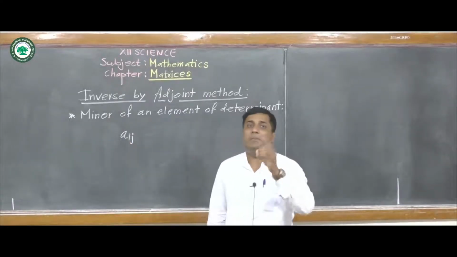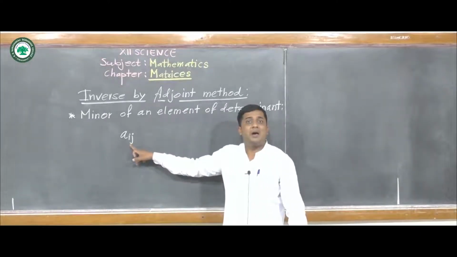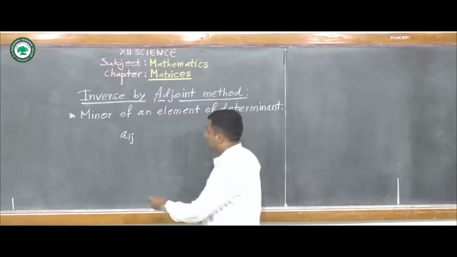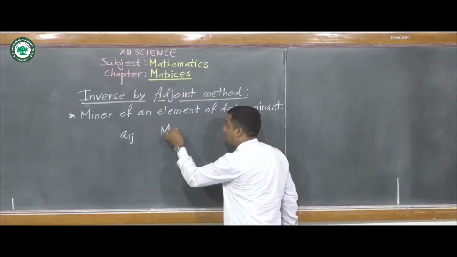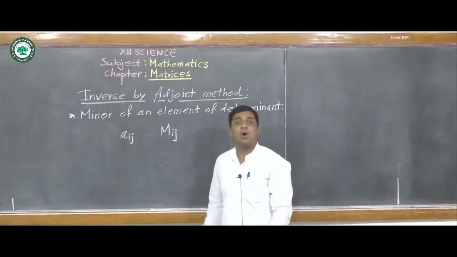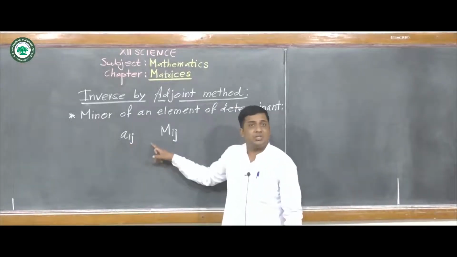The minor of the given element Aij is denoted by the notation capital Mij.